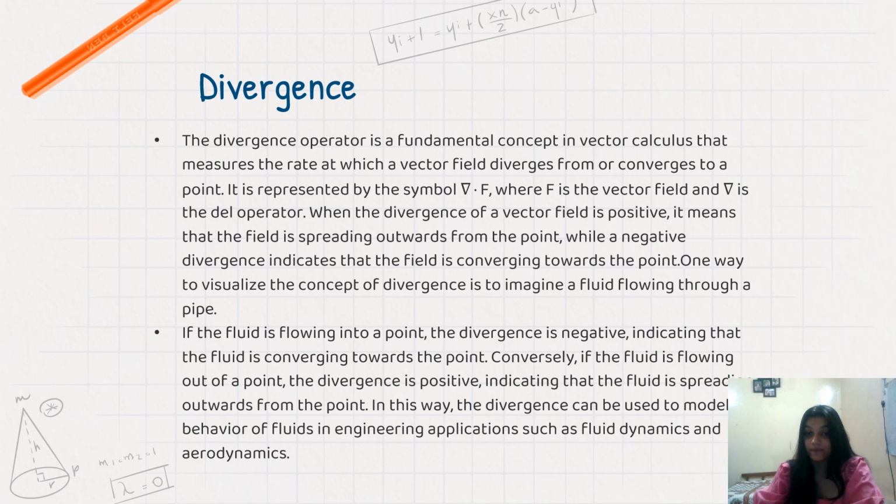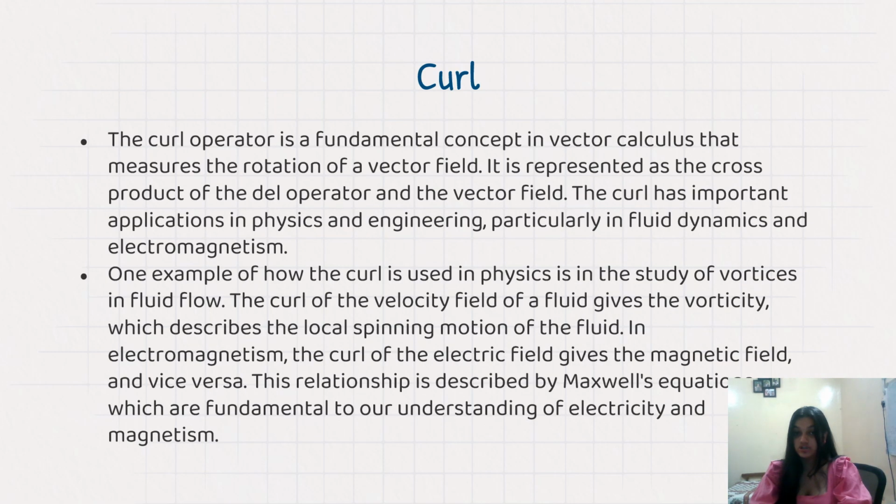Another important operator in vector calculus is the curl operator. It basically measures the rotation of a vector field. It is represented as the cross product of the del operator and the vector field. The curl has important applications in physics and engineering, particularly in fluid dynamics and electromagnetism. One example of how the curl is used in physics is in the study of vortices in fluid flow.